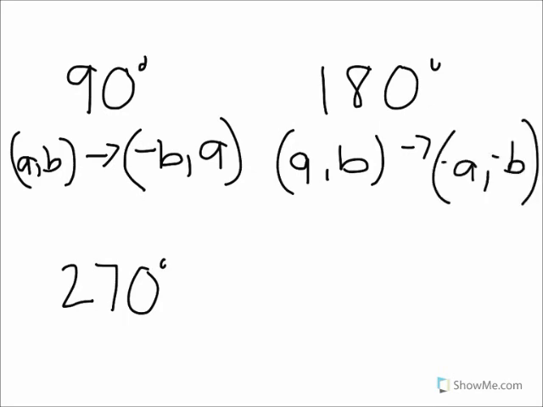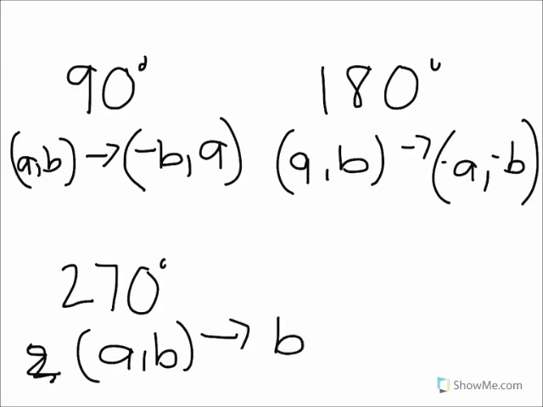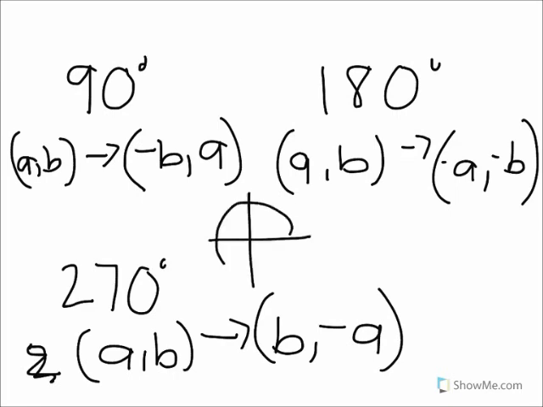And then for 270, you would get (a, b) and make it b, negative a. But remember, these rules only work if you're rotating the point or the figure about the origin 0, 0. And also remember, all of the rotations that we're doing are counterclockwise.